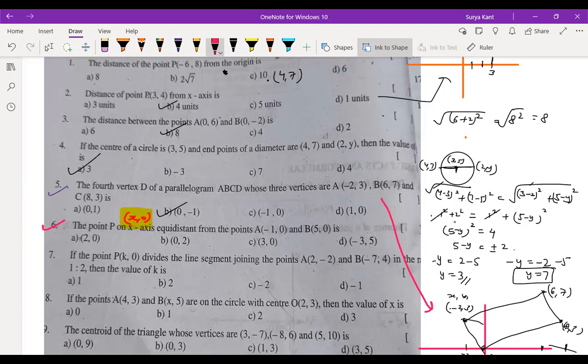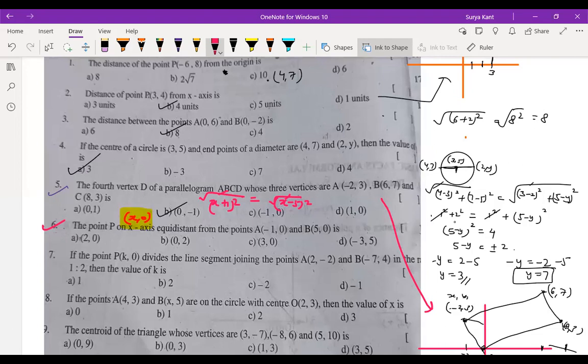The distance between this and this: x plus 1 whole square is equal to x minus 5 whole square. So this will get cancelled. Here we can use the midpoint, right? In this question, because there is no value of y, they are compulsorily lying on a single line, the x-axis.